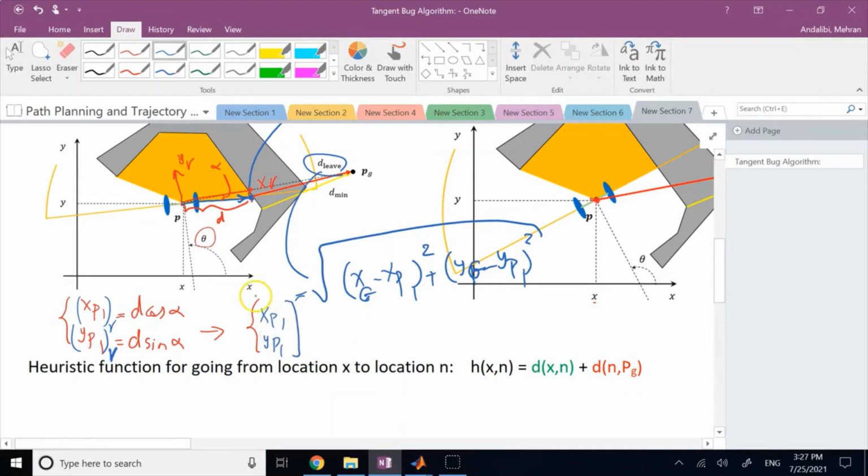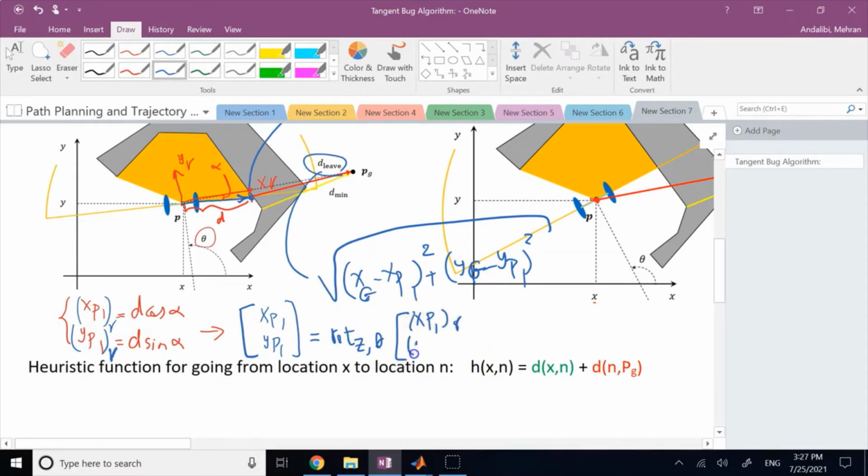This thing here is going to be rotation z with angle theta times xp1 in the R and yp1 in the R, right? That's what you know from rotation matrices, correct?